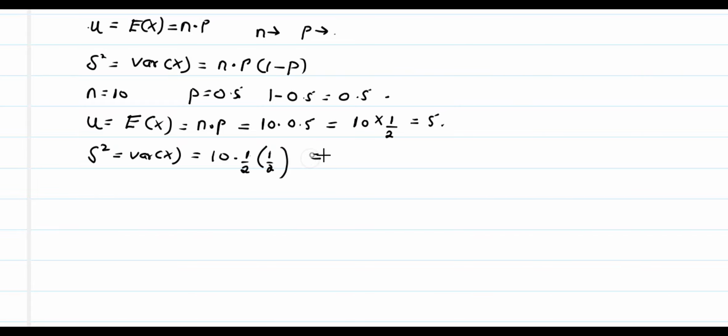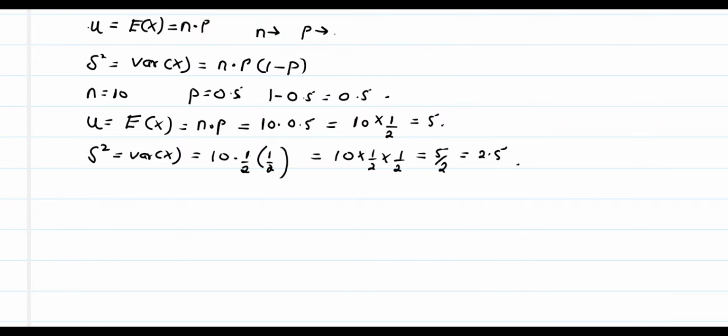So it becomes 10 multiplied by half, multiplied by half again, which is 5 divided by 2, which is 2.5. So the variance becomes 2.5.